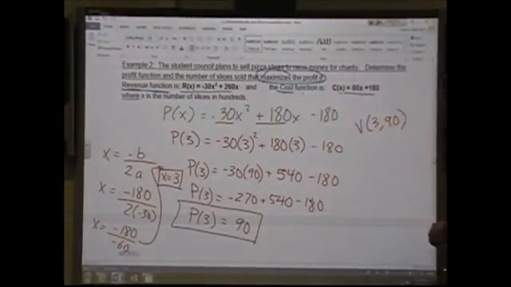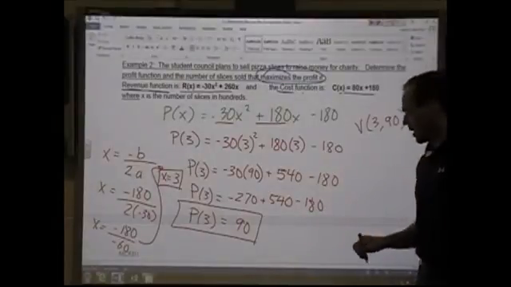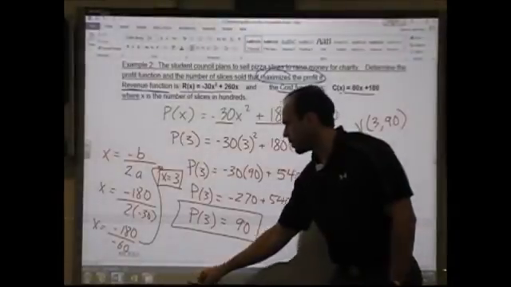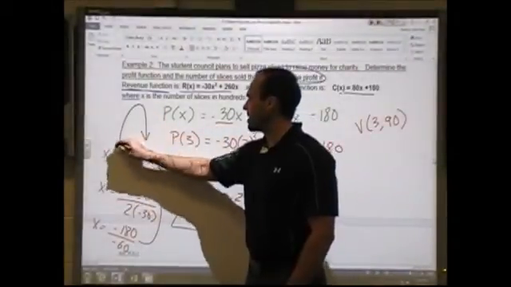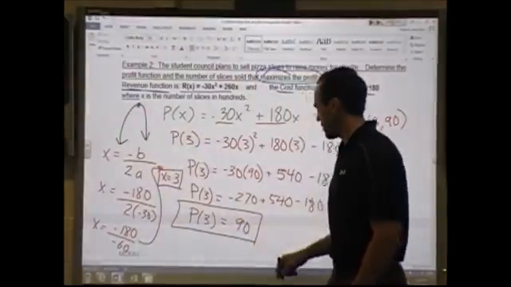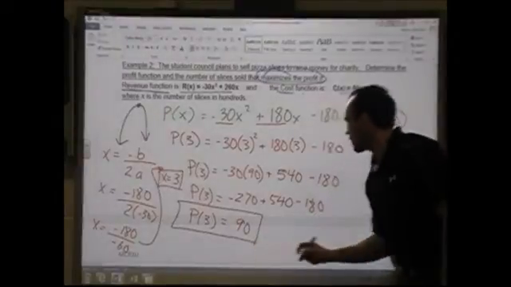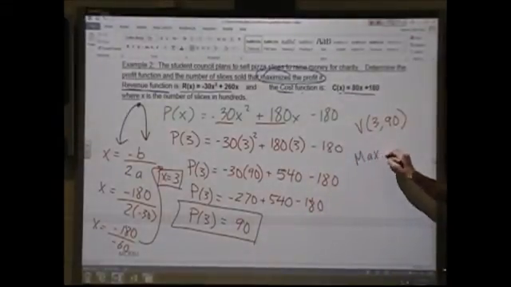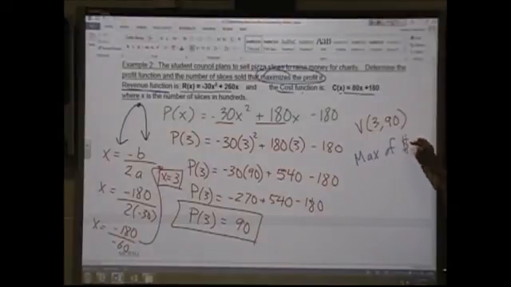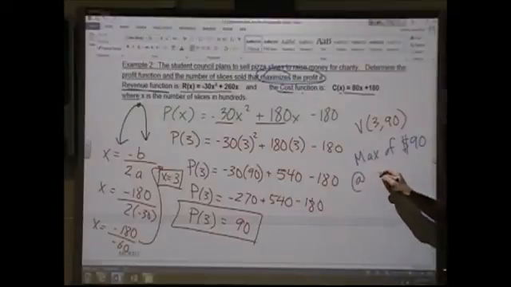Okay? And so if I take a look at this, now I can figure out, just by drawing a picture, we know that we're trying to find the maximum. And we know it's a maximum because this thing opens down. So there's going to be definitely a maximum. Now, looking at the vertex, there is a max. There's a maximum of $90 made because the money is in dollars. And it happens at x equals 3.